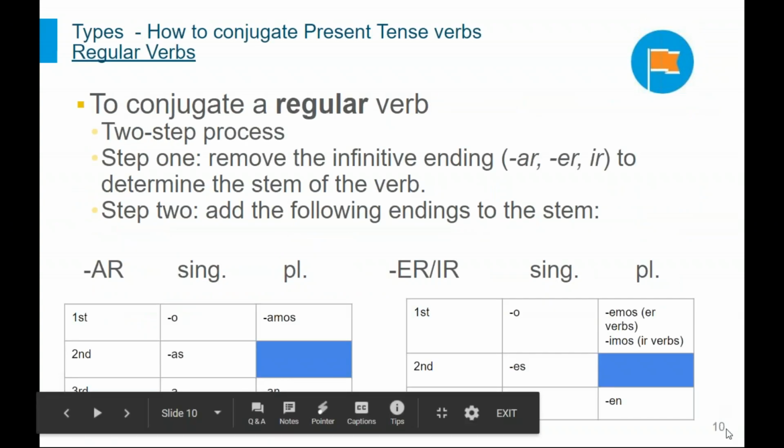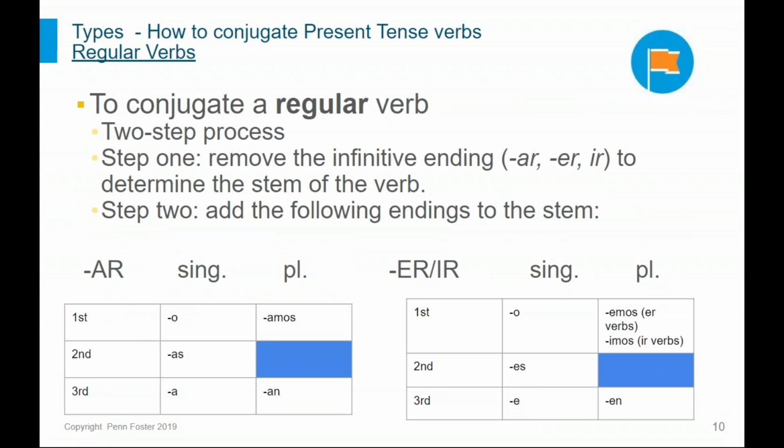As we move forward now, we're going to get into the conjugations that we talked about a few slides back. And we're going to start with what is known as a regular verb in the present tense. In order to conjugate, in order to get to that subject-verb agreement, something like I run or she runs, but in Spanish, you have to follow two steps.